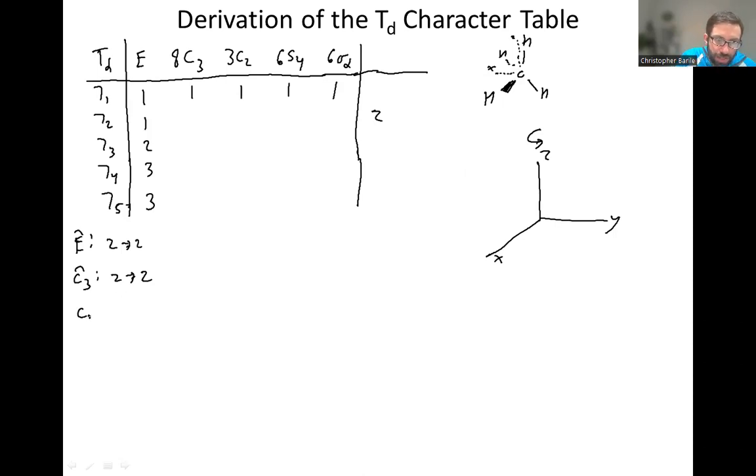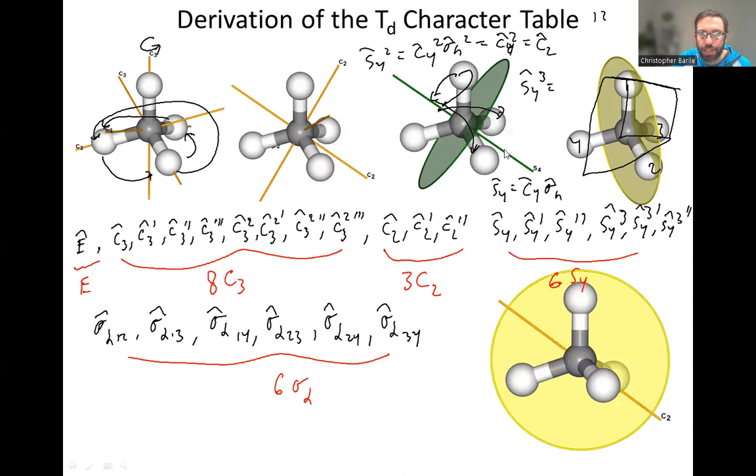What about a C2? And this is where things start falling apart a little bit and it gets a lot more complicated. The C2 here is, if you remember from the previous video, and I'm going to go back to the slides, the C2 is bisecting this angle formed by the z-axis and not the x-axis, is bisecting the angle from the z-axis and the other CH bond.